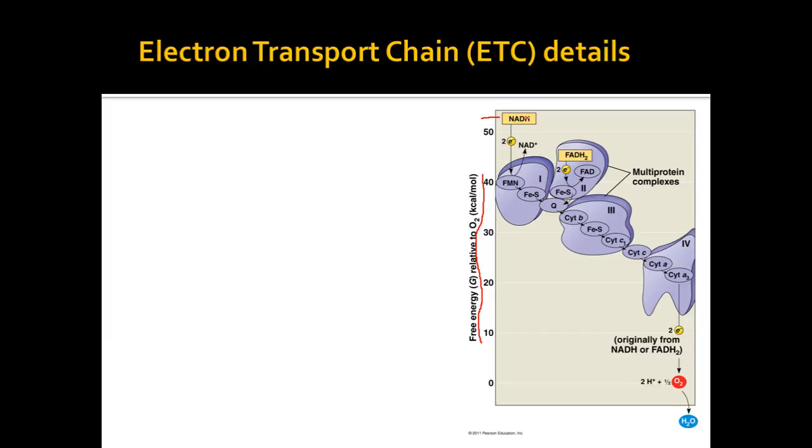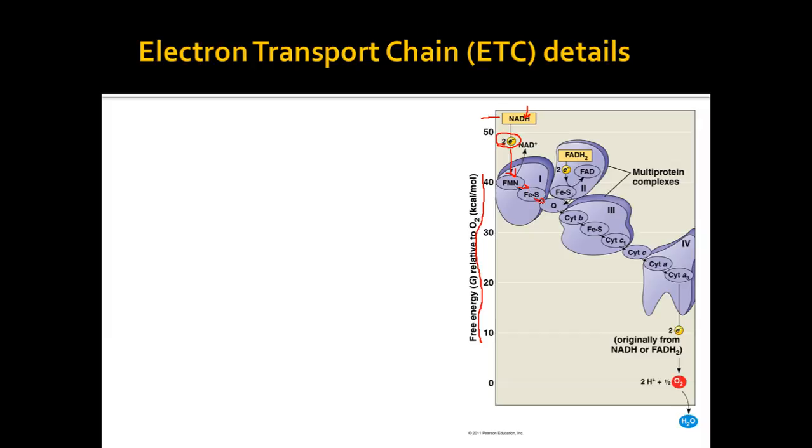So there's a lot of energy available in this bond that's joining the hydrogen to this NAD molecule. So since there's so much energy available, it's relatively easy for it to split off this electron. And then this electron is going to actually reduce each of these proteins.